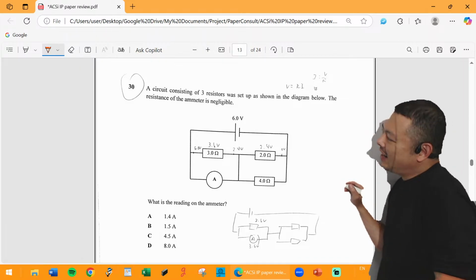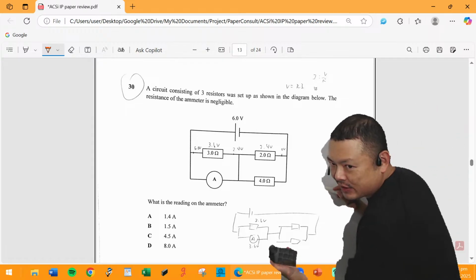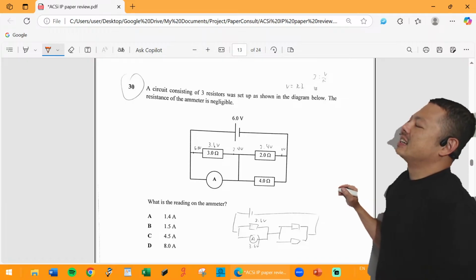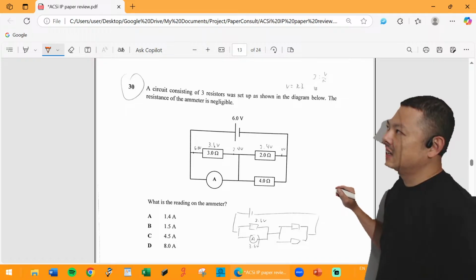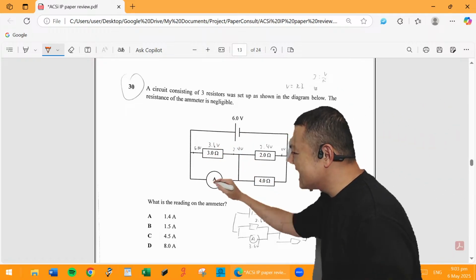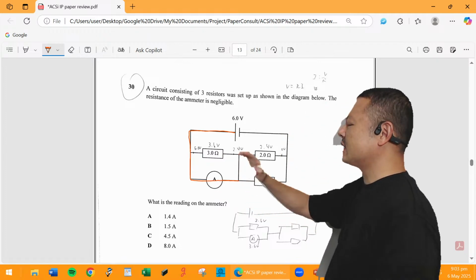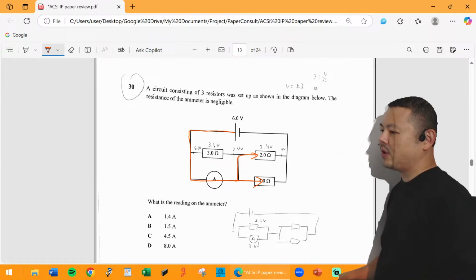Hey, you all. Okay. Walao, some more redraw diagram, some more, no. So look at this fella. Guys, the ammeter has zero resistance. I don't see you tracing the current. The current flows here and bypasses the 3 ohm, doesn't bother with the 3 ohms, and then splits into the 2 and 4.